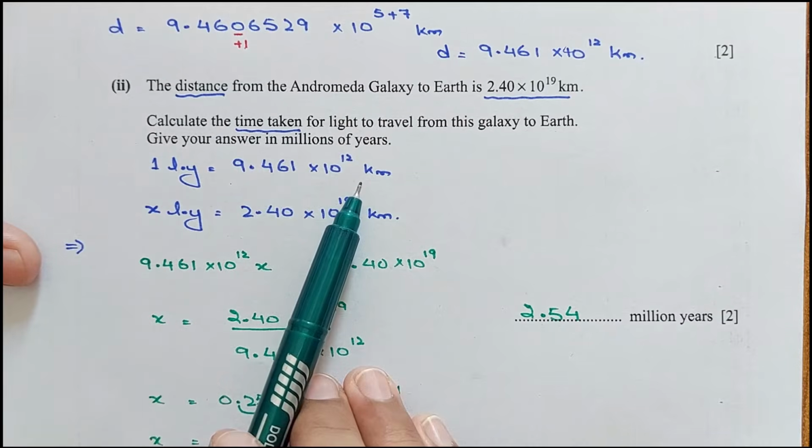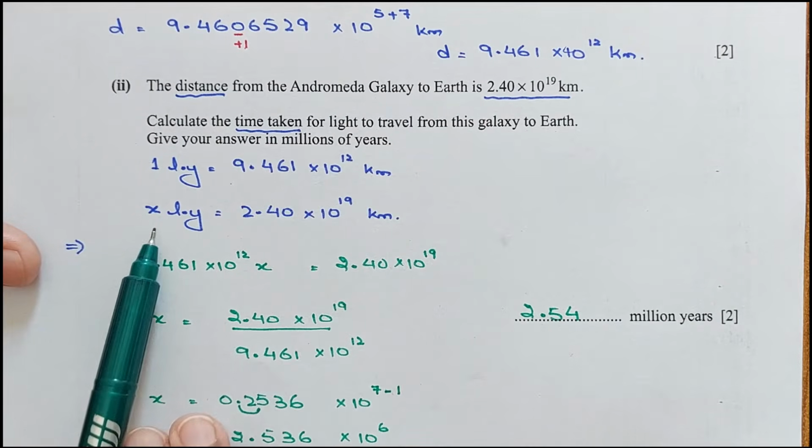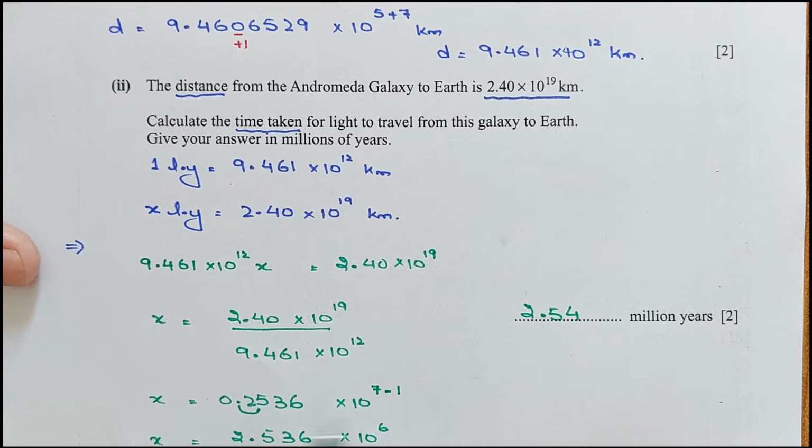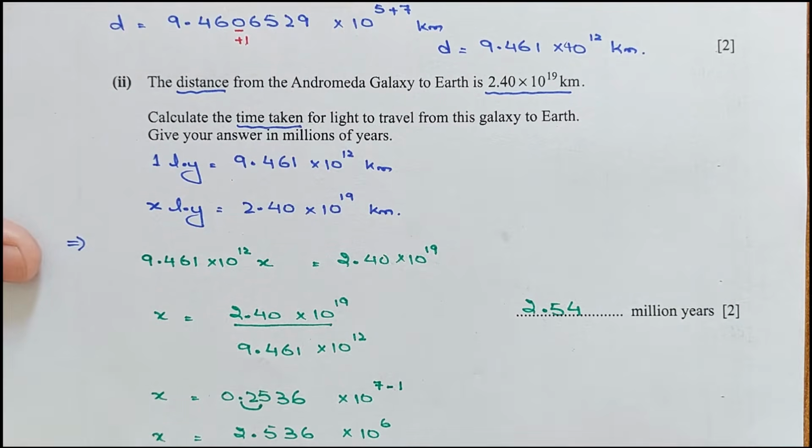So 1 light year is this much kilometer, so it will take x light years for the light to travel from this galaxy to Earth. So we have to do the cross multiplication and solve for the number of light years. So this is millions of years. I hope this is clear now.